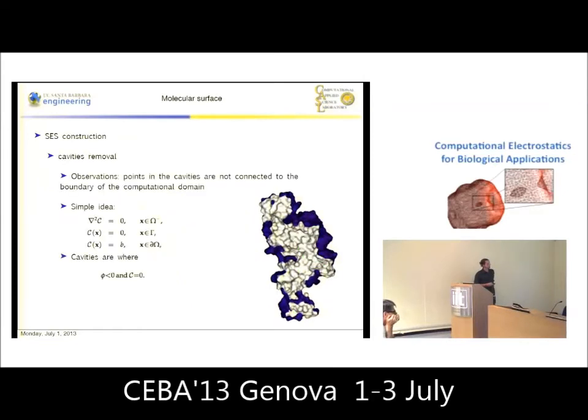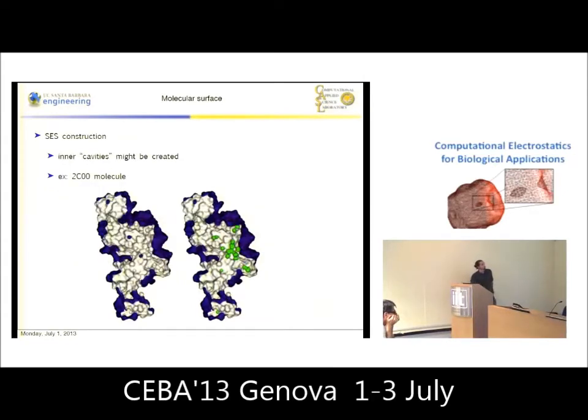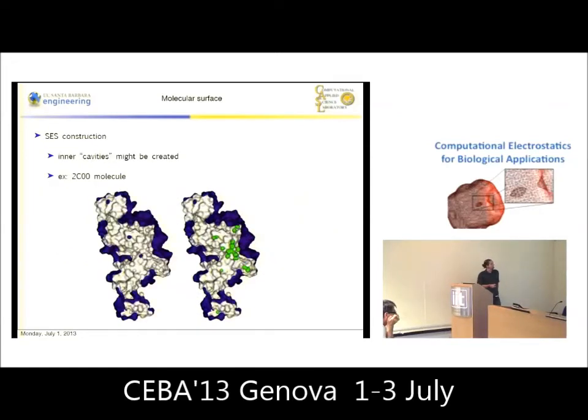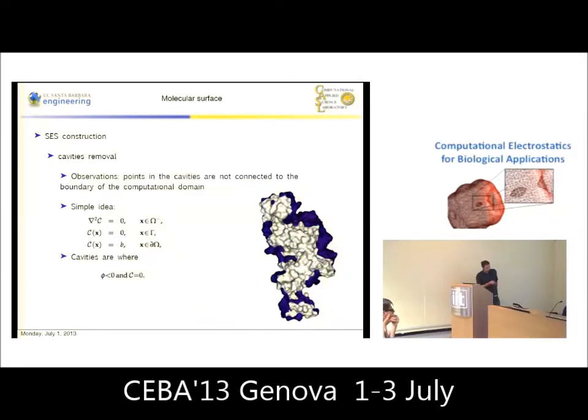I'm sure there are plenty of ways to do so, but one easy way is to realize that all these small cavities inside the molecule are not connected to the outside of the molecule. So imagine that you put your molecule in a big box and you solve this kind of equation. That's pretty much just a diffusion equation in the outside of the molecule.